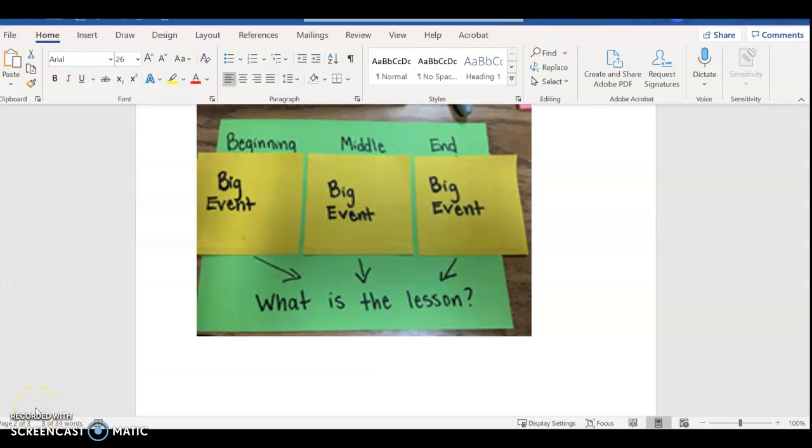Okay, so let's recount. The big event in the beginning was that he had everything he wanted. Seymour was content with his life. He had all of the things he needed in his cage. He had his yogurt drops, the hamster wheel, and he was so happy and he thought he was the luckiest hamster ever.